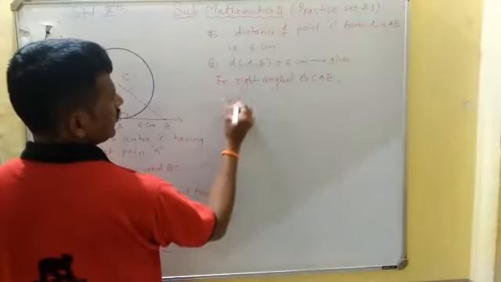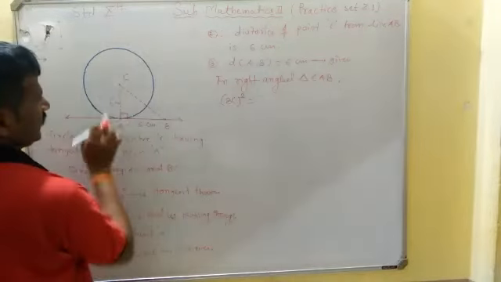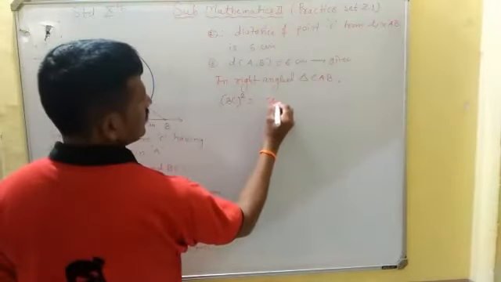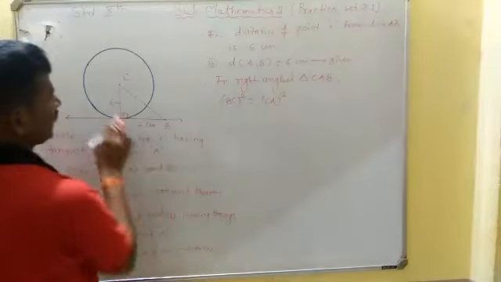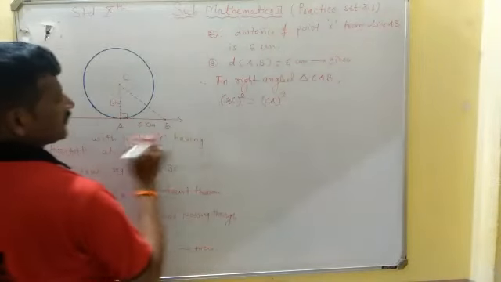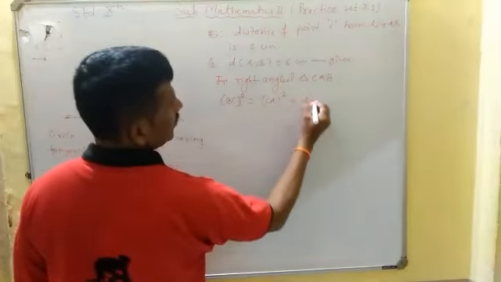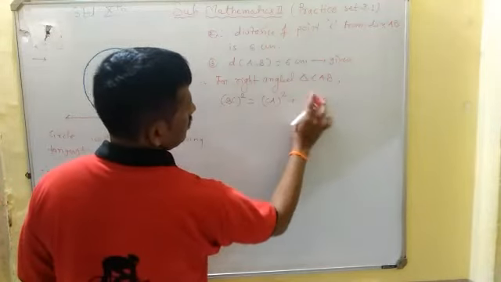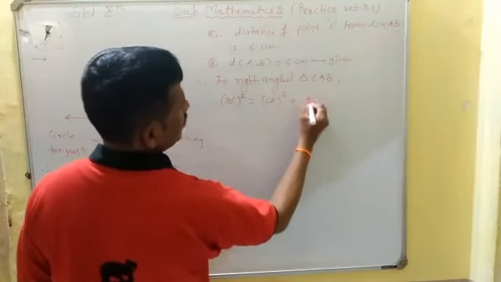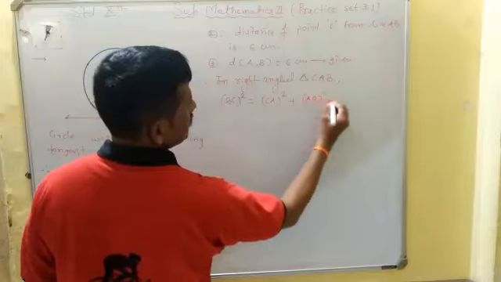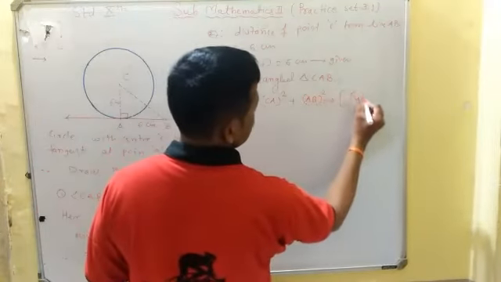BC square, the hypotenuse square, is equal to the sum of squares of the remaining two sides, CA square plus AB square, given as the reason by Pythagoras theorem.